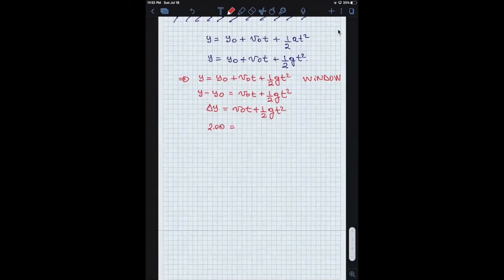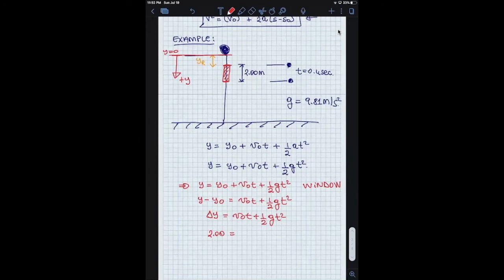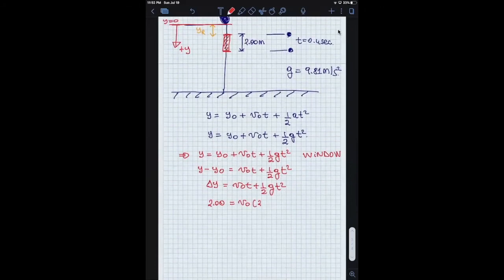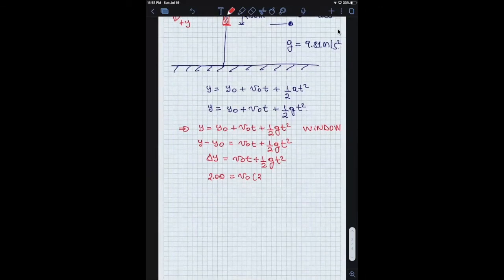We don't know what v naught is. When the ball falls, it has an initial velocity at the top of the window and a final velocity at the bottom of the window. So we don't know what v naught is. T is 0.4, plus 1/2 g, where g is 9.81 and t is 0.4 squared.